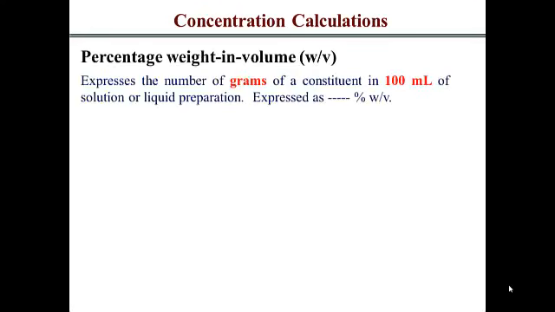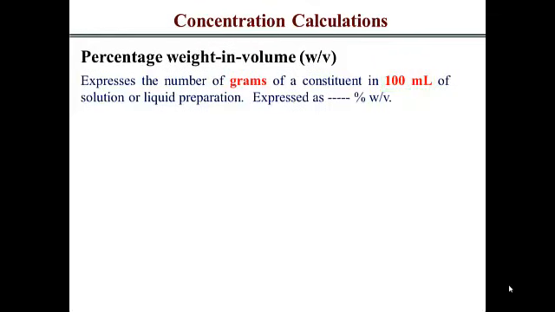So the first thing we look at is percentage weight in volume. The key thing to understand is that we're expressing our information in terms of the number of grams of a constituent in 100 milliliters of solution or liquid preparation.